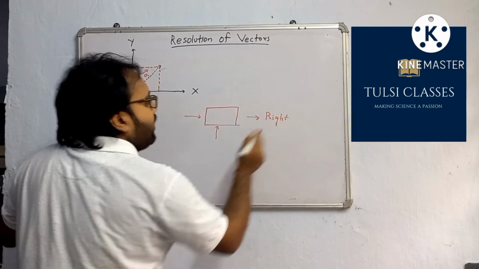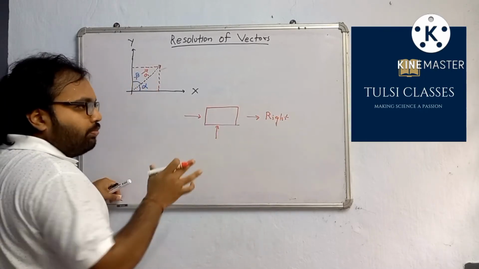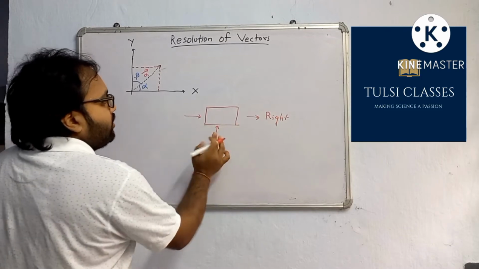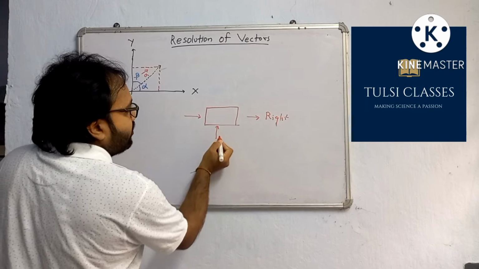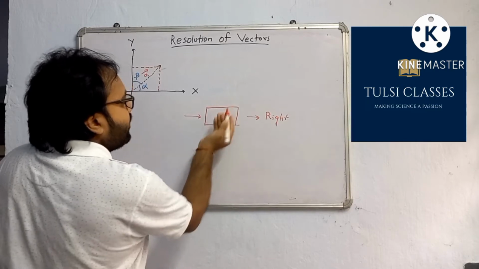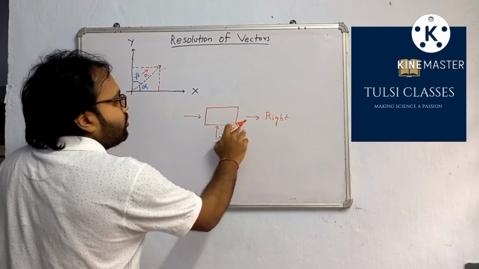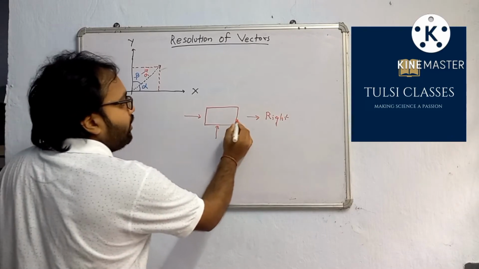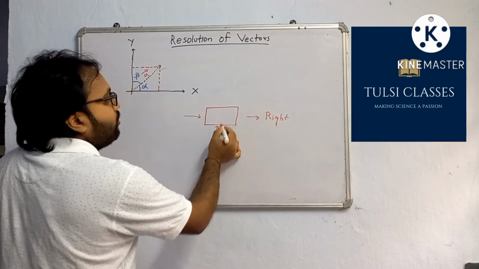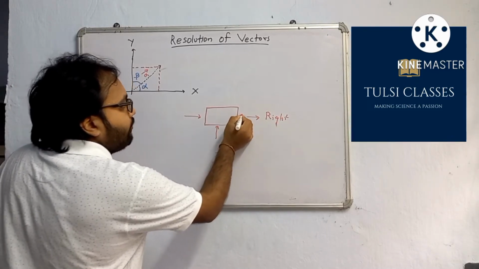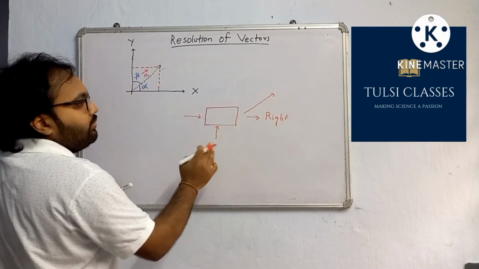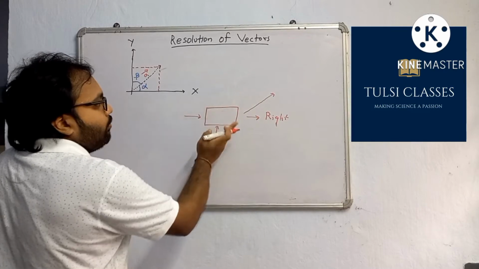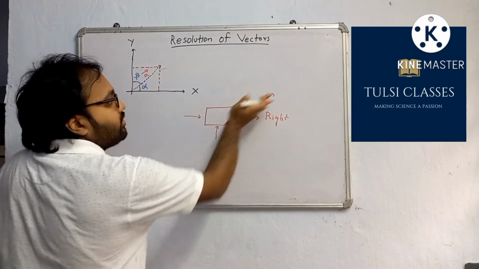So two directions are there, one in the front direction and one in the right direction. What will happen to the book? The book will neither move completely right nor in the front direction. It will move between right and up.